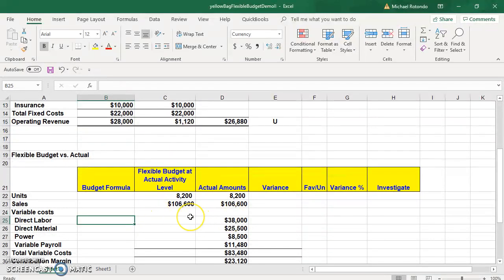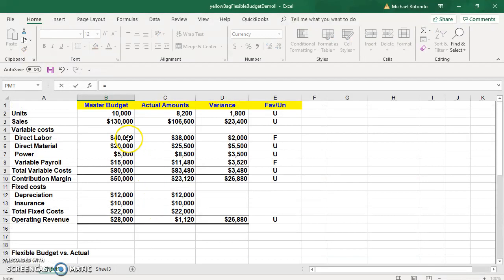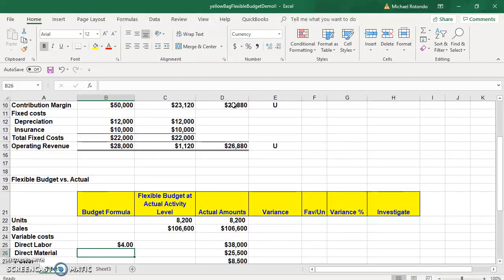So to figure out our direct labor budget formula, we're going to take our master budget direct labor costs, or expected direct labor costs, and divide it by the expected units. So we're going to come up with $4 per unit.